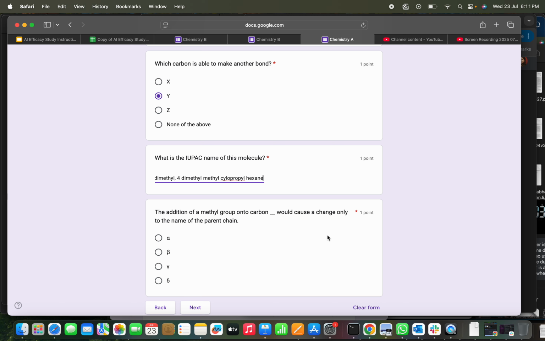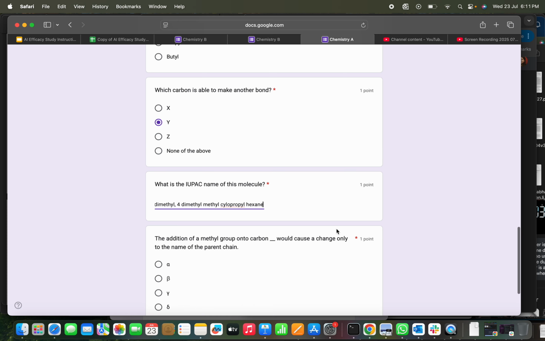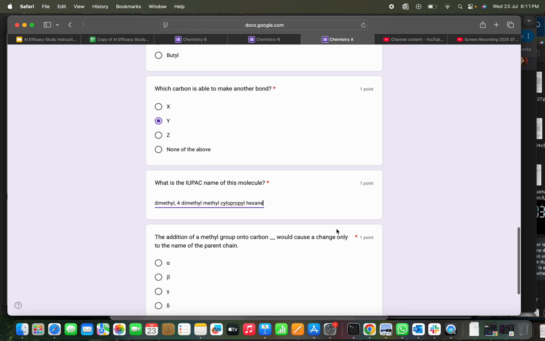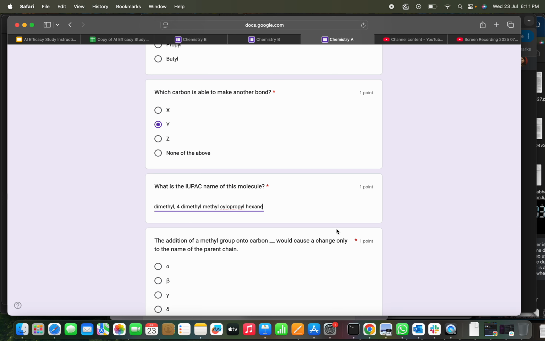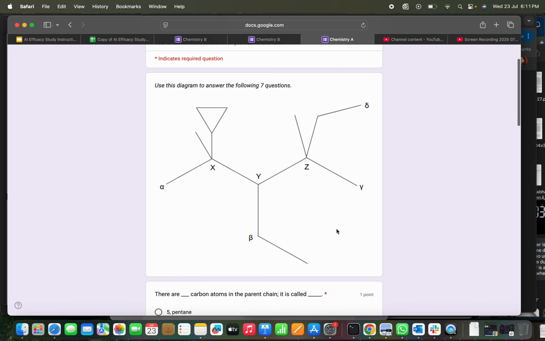The addition of a methyl group onto carbon would cause a change only to the name of the parent chain, alpha, beta, gamma. So if I add a methyl group at alpha, it won't change, and beta won't change the parent name, gamma won't change, I think delta.